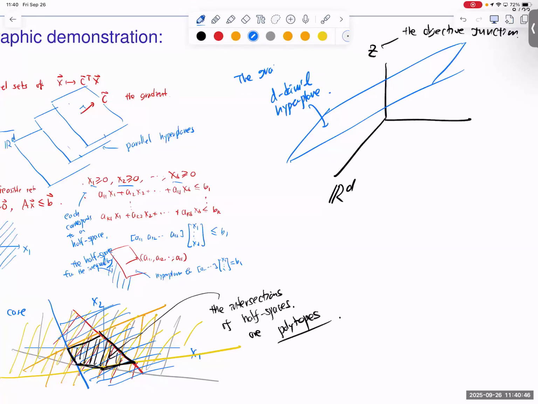The graph of c dot x is a d-dimensional hyperplane, okay? And then in the underlying set, you have the feasible set looking like this polytope, okay? Then you have, let's say, those level sets.